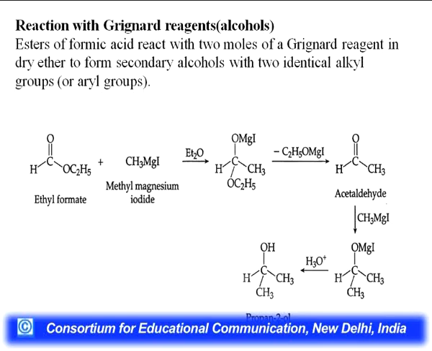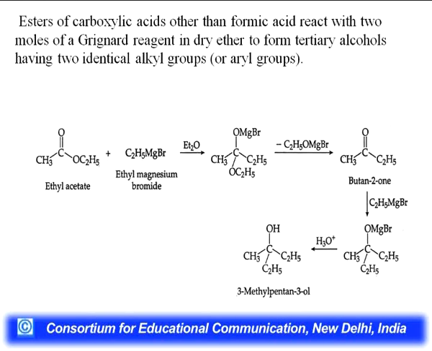So, you can see the reaction: ethyl formate reacts with methyl magnesium iodide to give the addition product, and then it will give you acetaldehyde. It again reacts with methyl magnesium iodide to give the addition product, which on hydrolysis will give you propan-2-ol. And you can see the identical groups in the product, that is in the alcohol.